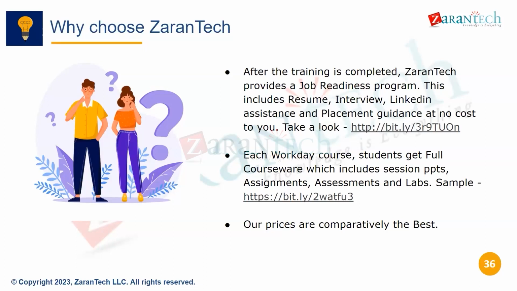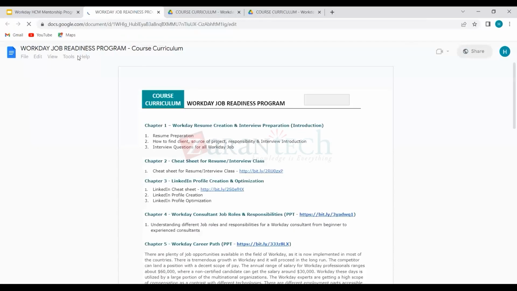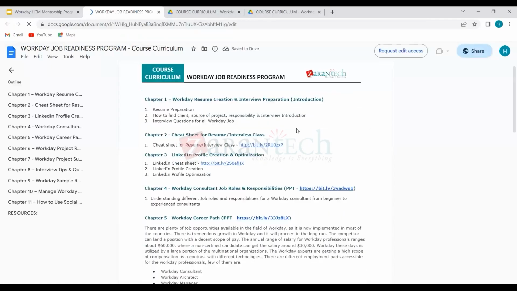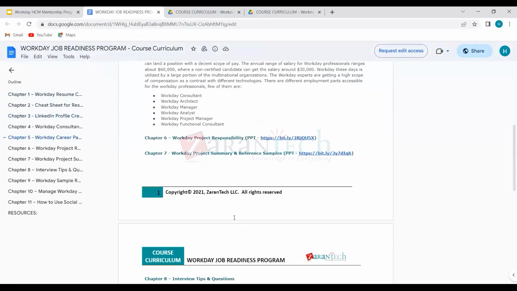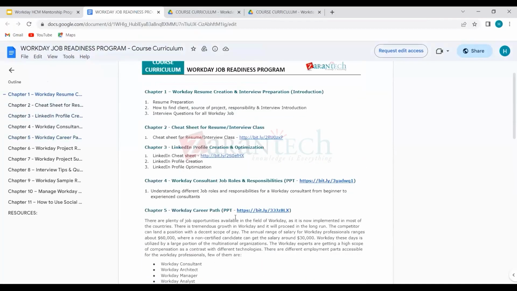Let's look at a particular example here: the job readiness program course curriculum. We have many different chapters for the job readiness program, and we will be covering all of these going forward as part of the training, and it won't have any additional cost.